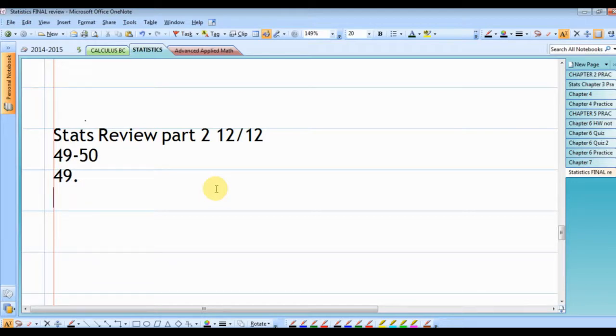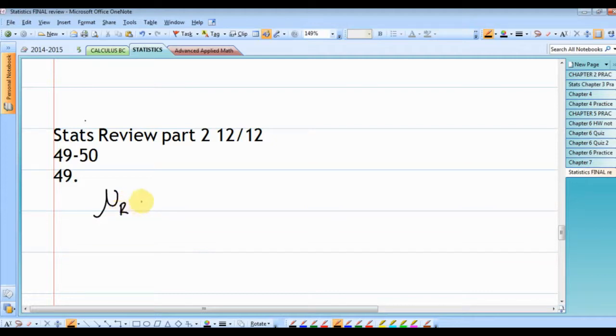We have three scores: critical reading, math, and writing, and we have a combined score, of course. The first thing is to assume that the scores are independent and to figure out the mean and standard deviation of a combined score.